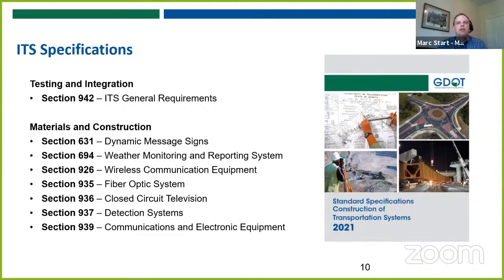We're just aware with the new 2021 spec book that there's definitely more attention on the specifications in general. So I guess it's a good time to roll out some ideas and some background on the ITS specifications. We hope to give you a little bit of structure information about the specs, but then also get into primarily the pay items, which are a bit changed, or certainly there's more of them in the ITS world.